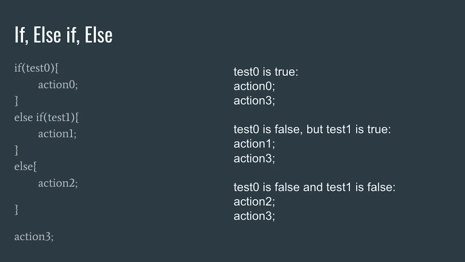If test 0 is false, then we're going to check test 1. If test 1 is true, then okay, we're doing action 1 and action 3. Otherwise, if test 0 is false and test 1 is false, we're doing action 2 and action 3. But we're only doing either action 0, action 1, or action 2. We're not doing more than one of those.